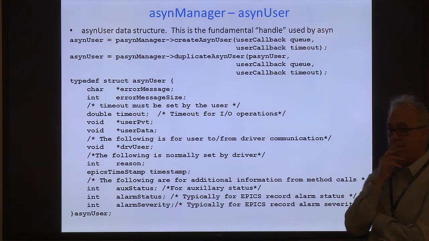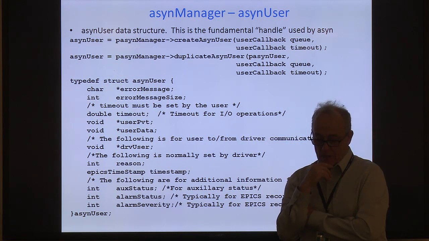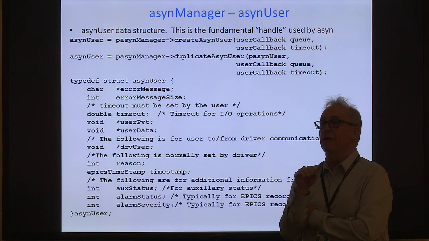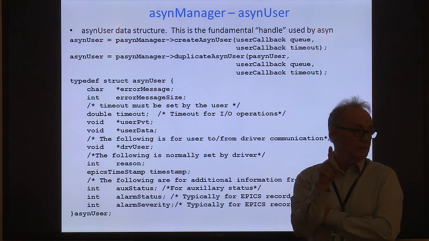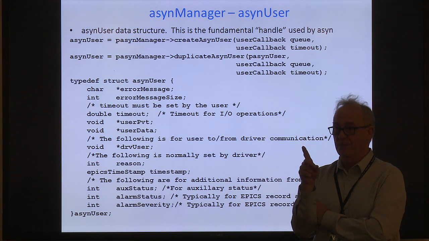Another question is, where the device timestamp is being set on the device level, but how it gets propagated into the record? Okay, so every record in EPICS has a field that says where does it get its timestamp, right?